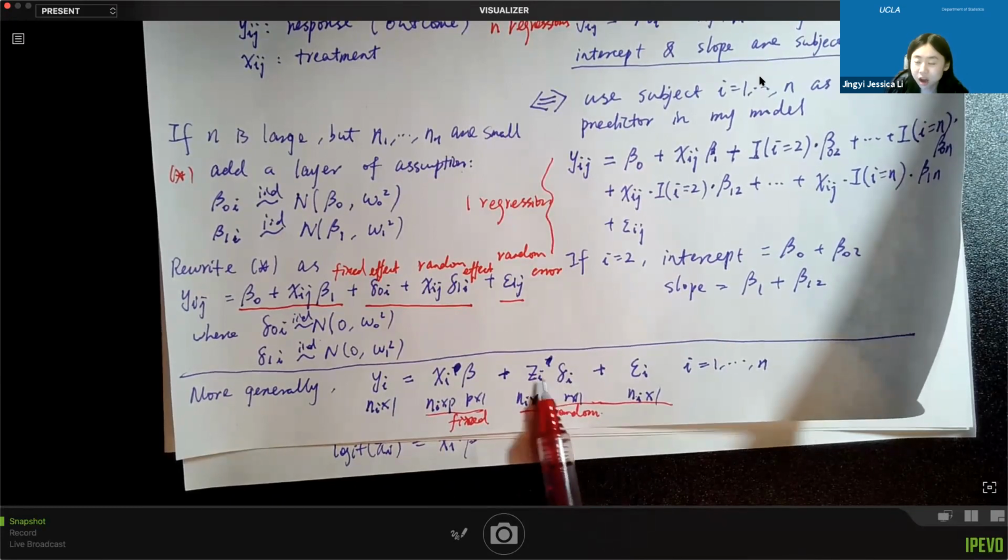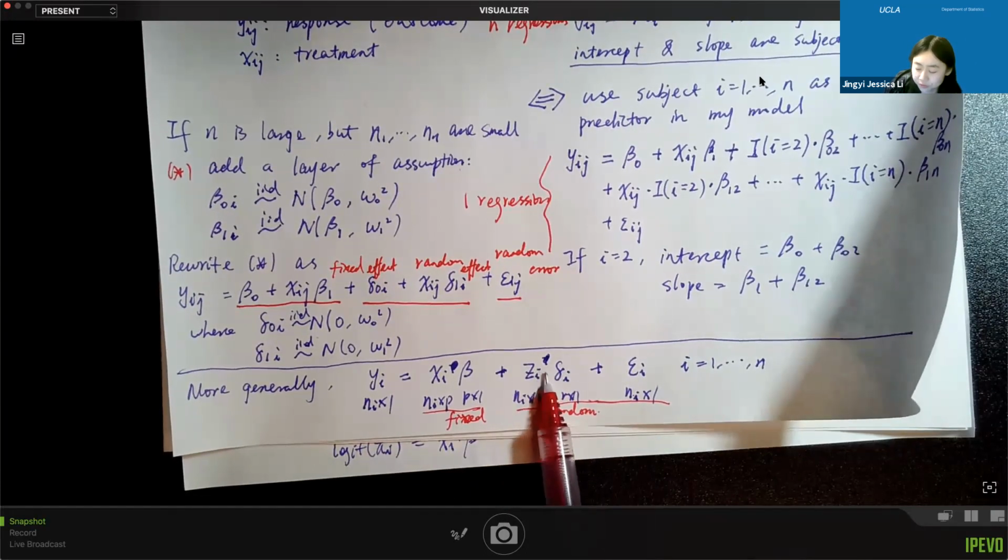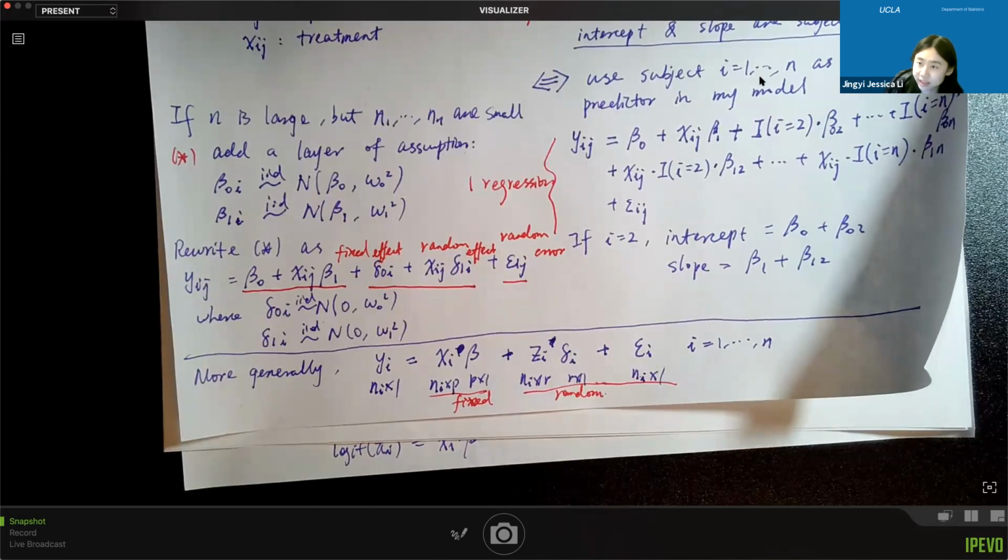If you consider all of them to be fixed effects, you will have so many slope parameters to estimate, and that will be too much estimation burden. But what you can do is consider those 200,000 SNPs' effects, those slopes, as random effects that follow one common distribution. Then in that case, you just need to estimate the parameters in that common distribution instead of the individual parameters. That can save you a lot of estimation burden.